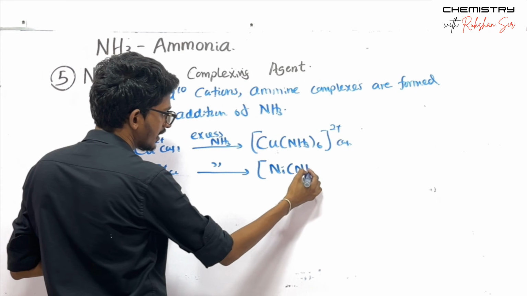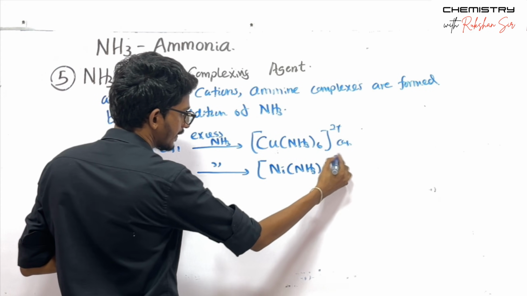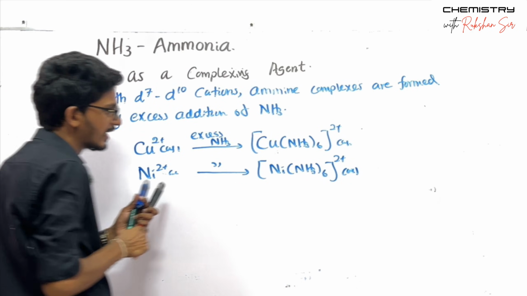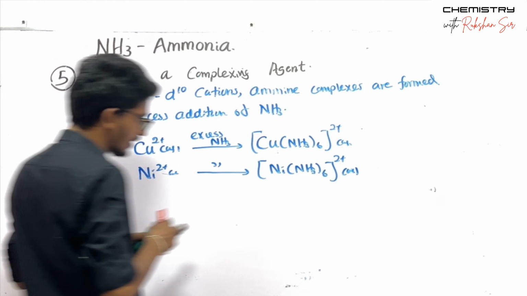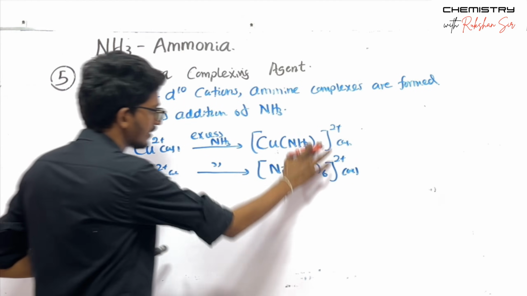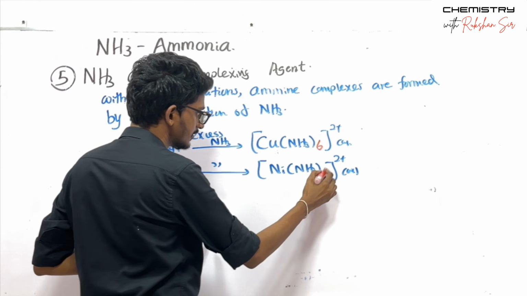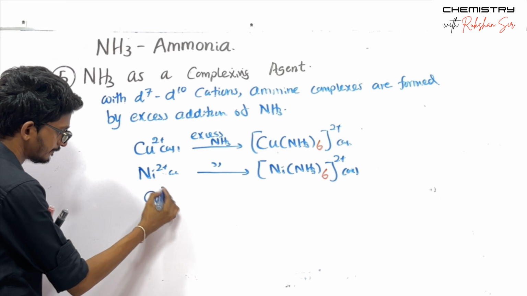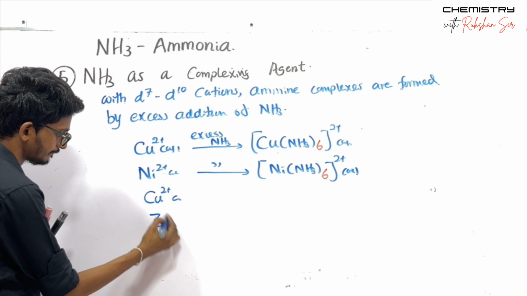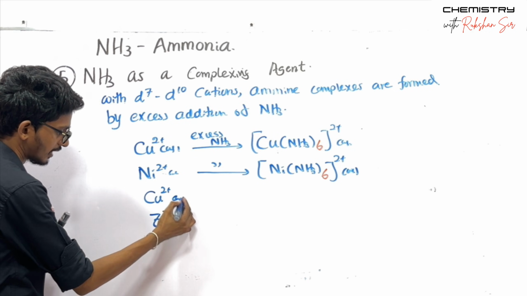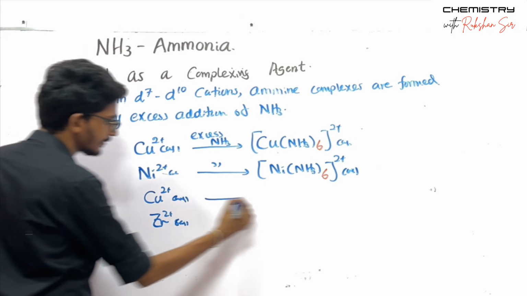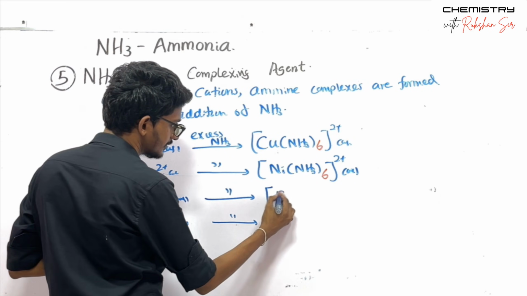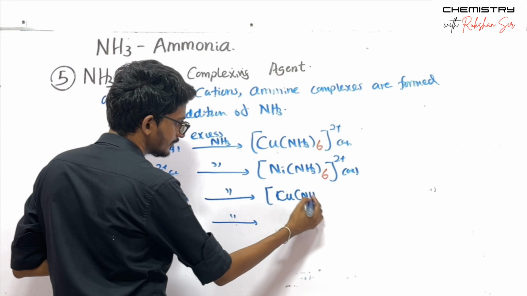So basically, again, I am telling you, just remember the number of amine ligands, amine groups appearing with these amine complexes, right? It is kind of most important stuff here. Right? And copper zinc, the amine complexes are coming up with 4 ligands each, 4 amine groups.